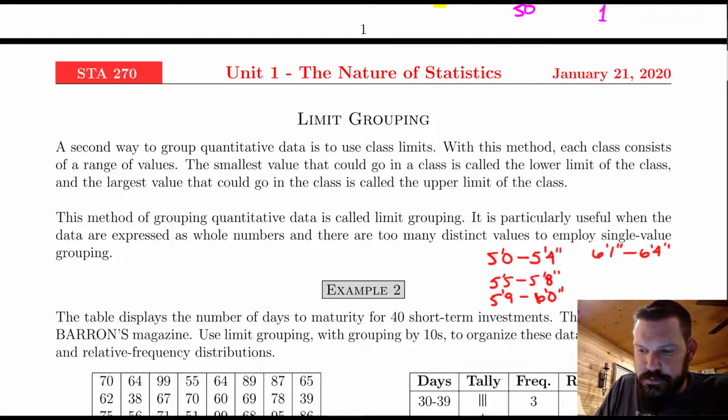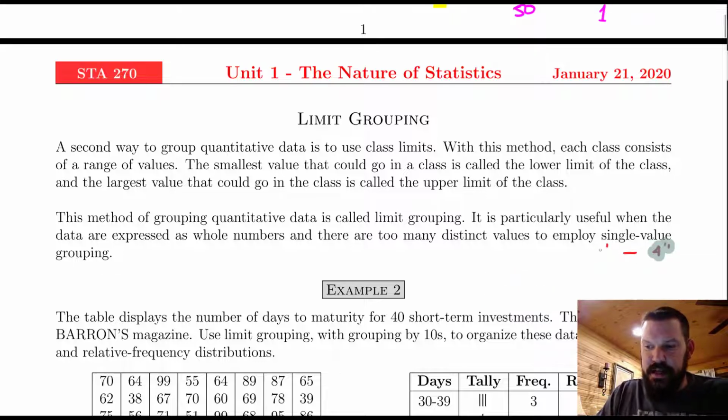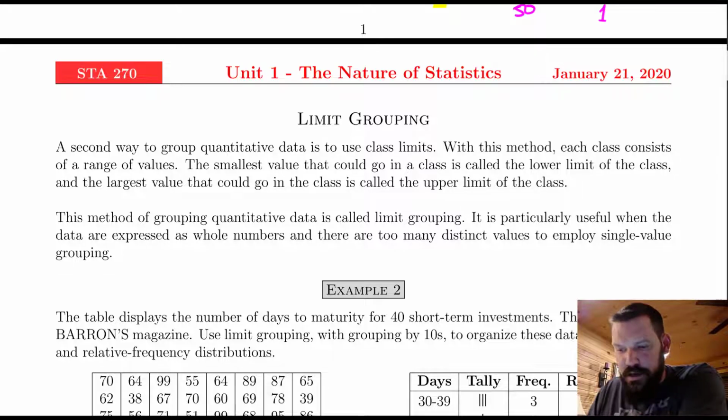And then we could go 6'5" to 6'8", and then 6'9" to 7 feet tall. But that just kind of gives you an idea of what we're talking about. We're setting up a range, and then we would tally up how many people fall within each range, and that would be our frequency, and then we could come up with our frequency distribution.